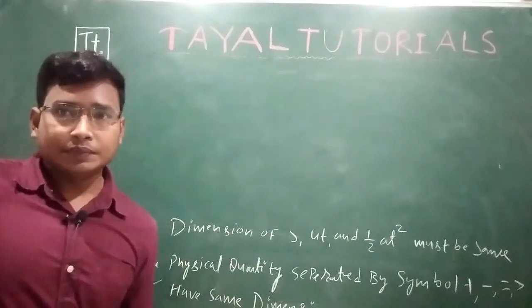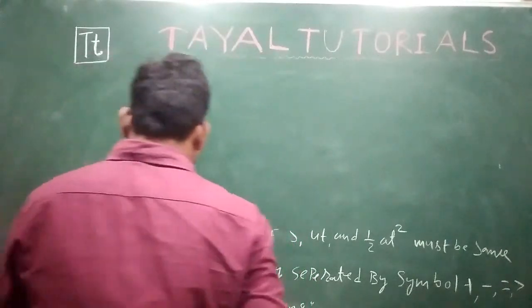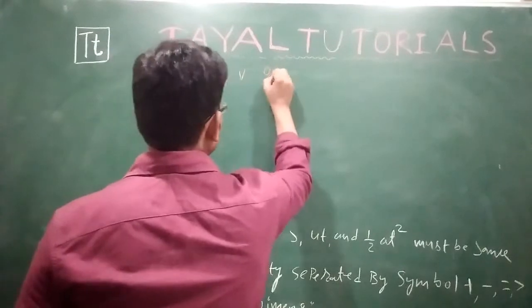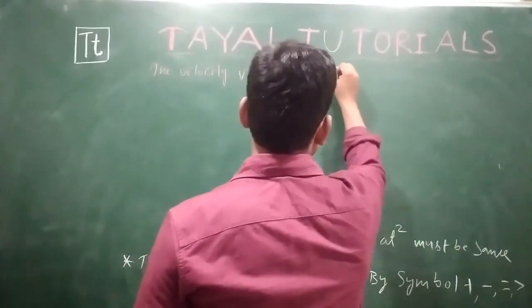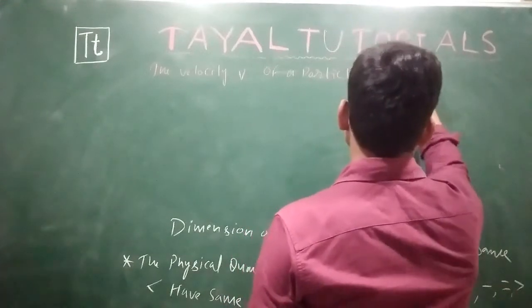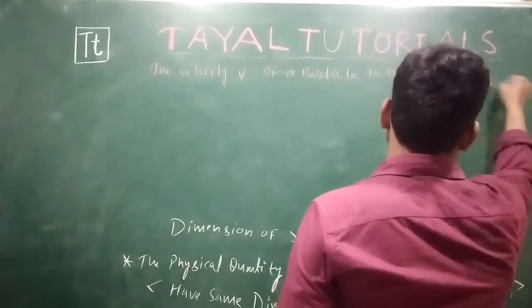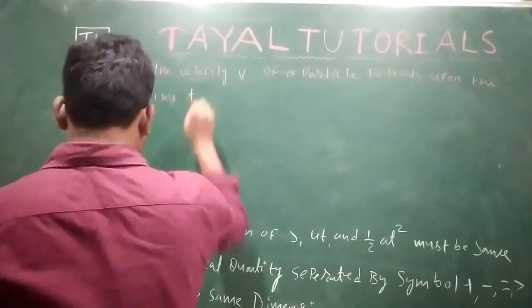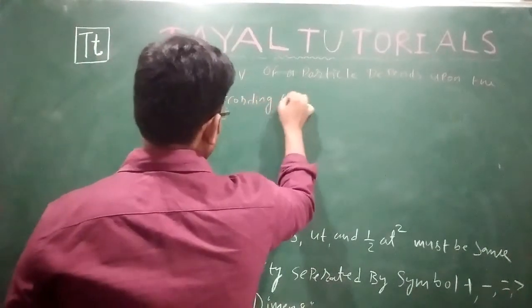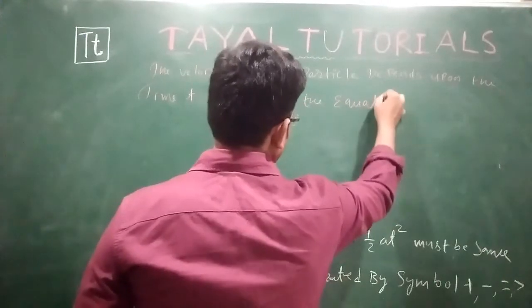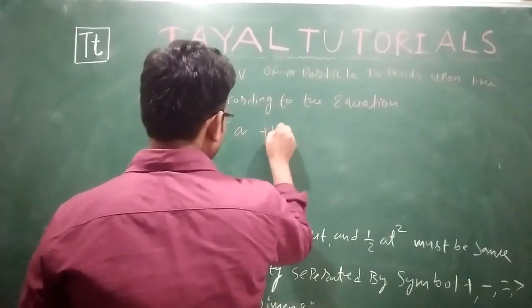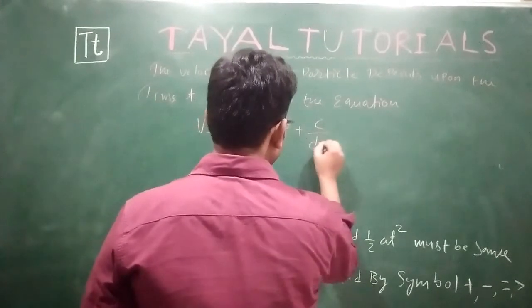The problem is: the velocity v of a particle depends upon the time t according to the equation v is equal to a plus bt plus c by d plus t.